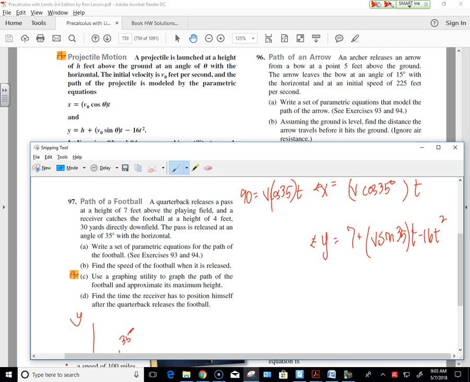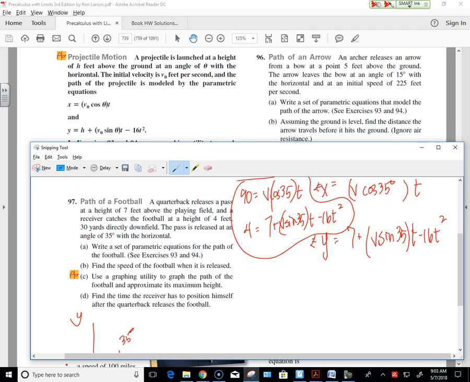I know that y is going to equal 4. The receiver catches it at a height of 4 feet. And that's going to be my 7 plus v sine of 35 t minus 16t squared. Kiddos, how do I solve 2 equations with 2 unknowns?